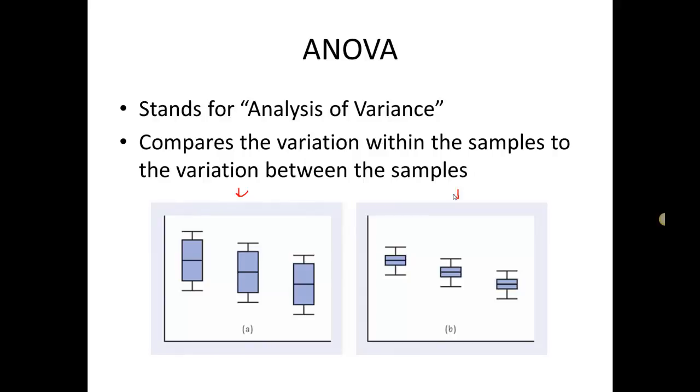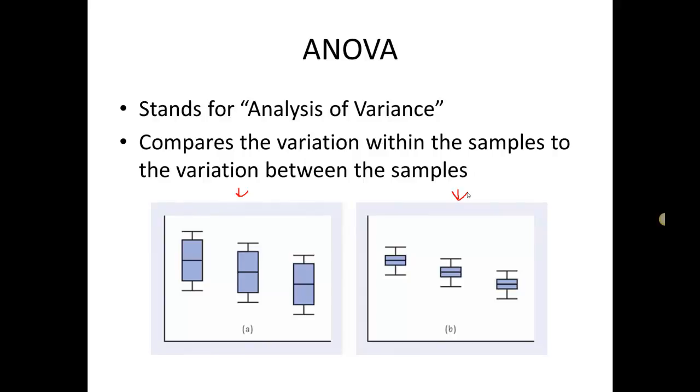Now if we look at the boxes on the right side, they have the same centers as the ones on the left, but the boxes themselves are much shorter, meaning that there's much less variation among individuals in the same group. So it's unlikely that any sample from the first group would have a mean as small as a sample from the third group.